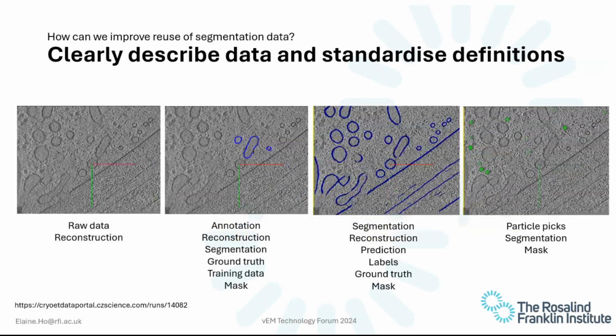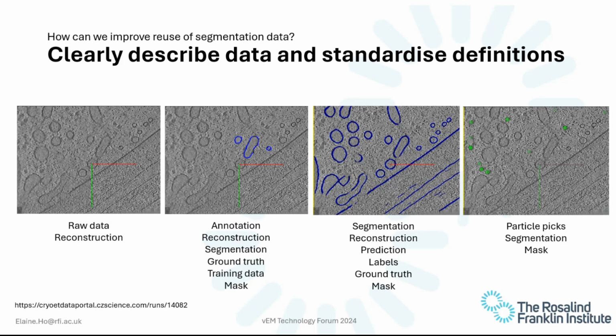Which brings me very swiftly on to how we can improve the reuse of our segmentation data. Clearly describe our data and standardize our definitions. I know this is easier said than done, but there are some language terms that we can use to make our data more descriptive and easier to understand and apply appropriately.